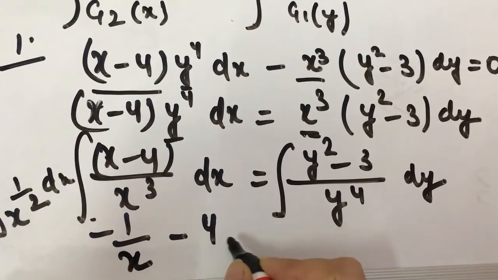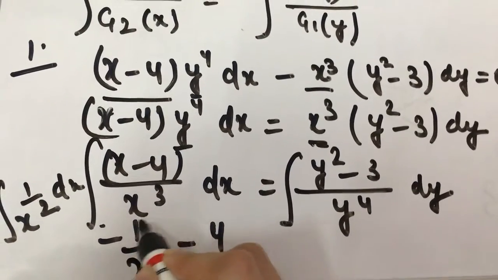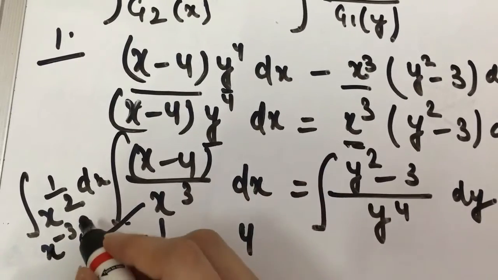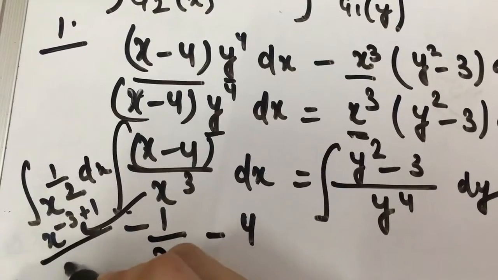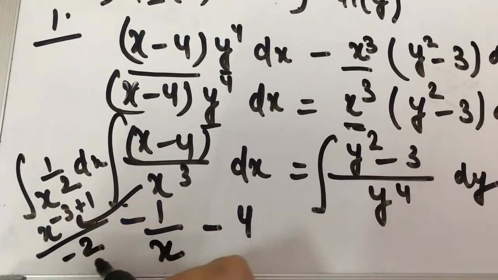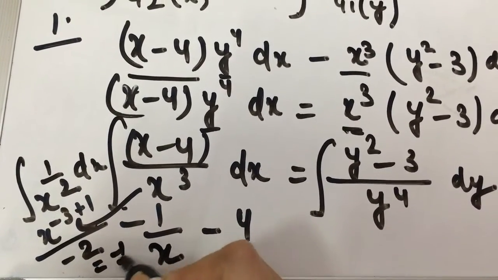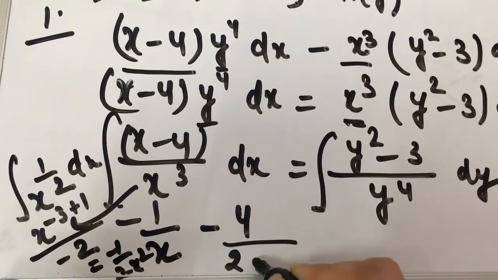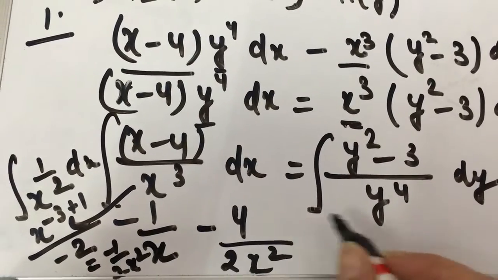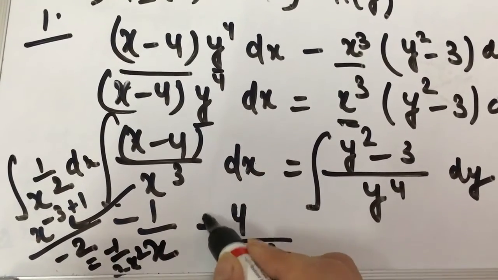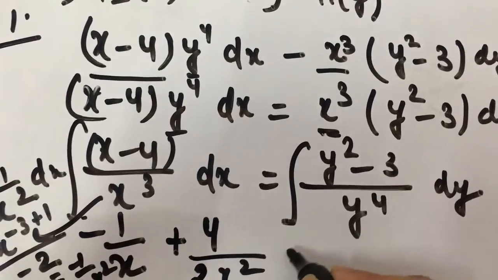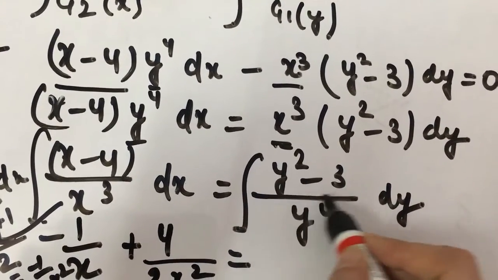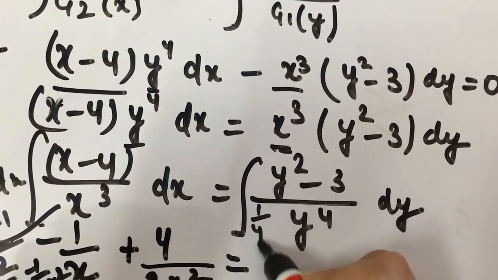When I take x cube up into the numerator, its integration will be x to the power minus 2 by minus 2, so its value will be minus 1 by 2x square, and it is minus also, so it will be positive, equal to, similarly, when we separate this on the other side, it will be 1 upon y square.